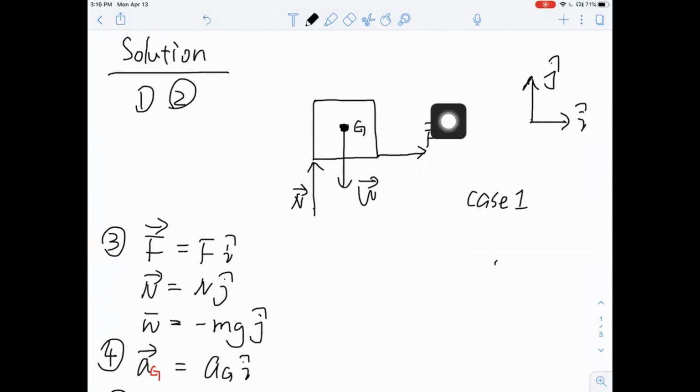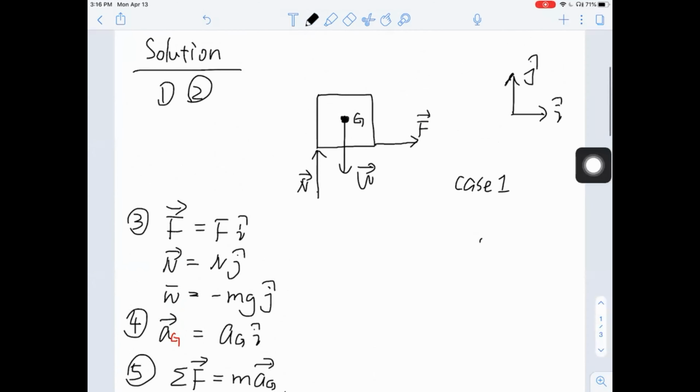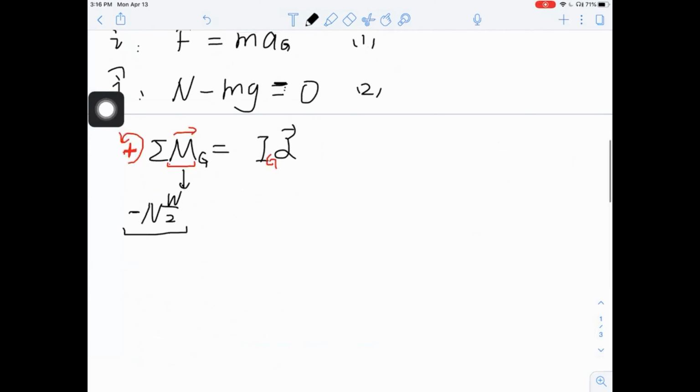If you look at this force F, it does cause a moment about point G. And the distance between F and G is half h, and the rotation is going to be counterclockwise, so it's positive. So let's write the second one, positive F times h over 2. And sum of those two moments equal to I G alpha.